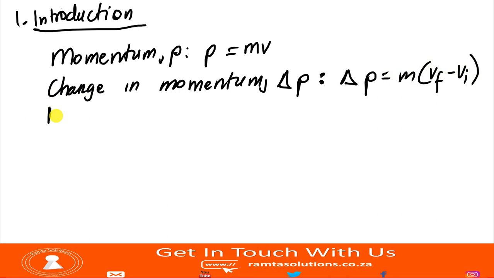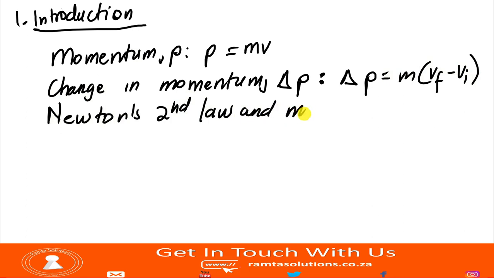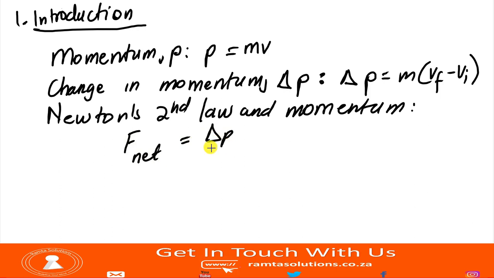And then we also talked about Newton's second law of motion and momentum, which gave us the formula F net is equal to change in momentum over change in time. So these are formulas that we're going to use. Look at this and remind yourselves what we were doing in these 3 videos.